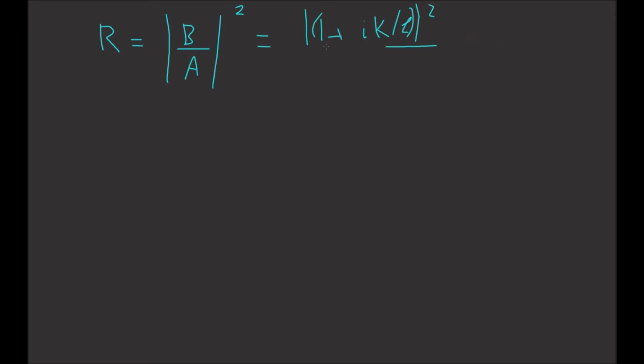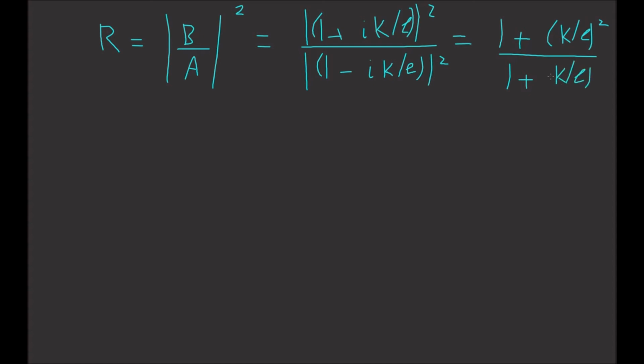And the reflection coefficient R is defined as B over A, squared, which is equal to the amplitude squared of 1 plus i K over L, divided by the amplitude squared of 1 minus i K over L, which is equal to 1 plus K over L squared divided by 1 plus K over L squared, which is what?